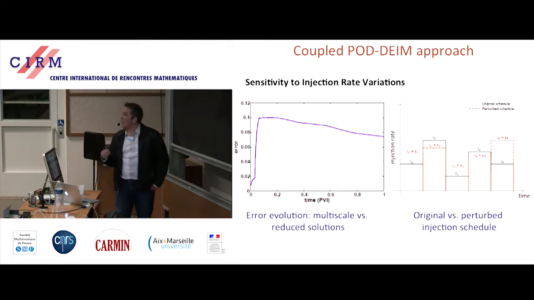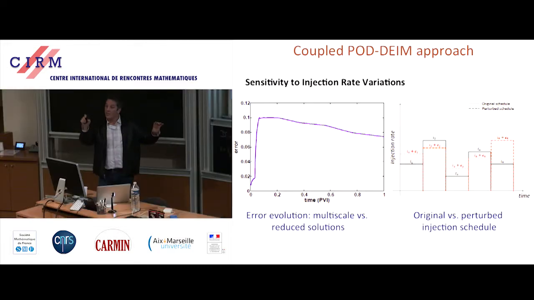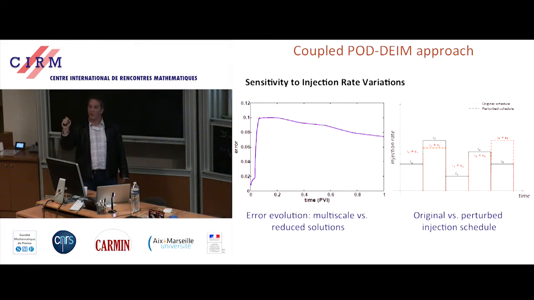But first, let me show the kind of things we're trying to do. In the oil industry, what they need to understand is, for example, if I have a set of injectors and a set of producers, and I change the injection rate somewhere, or I change the pressure, the valve I allow the outflow to go on one of the producers, what will be the effect on production?